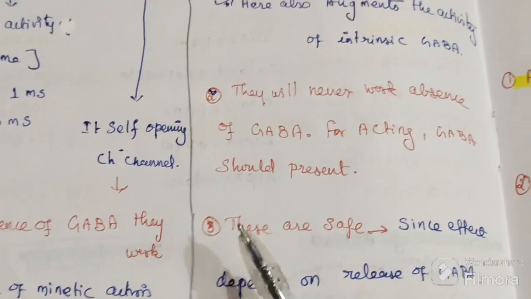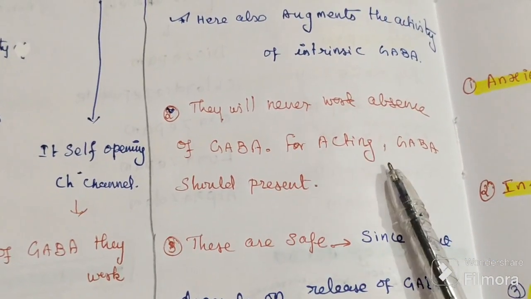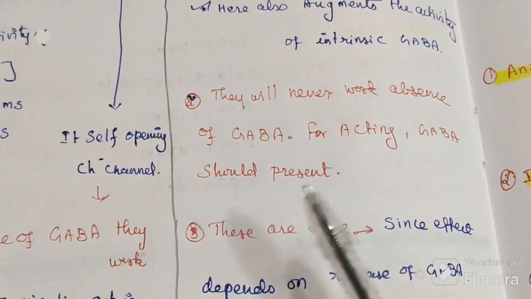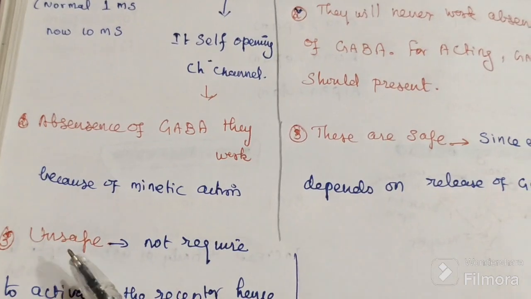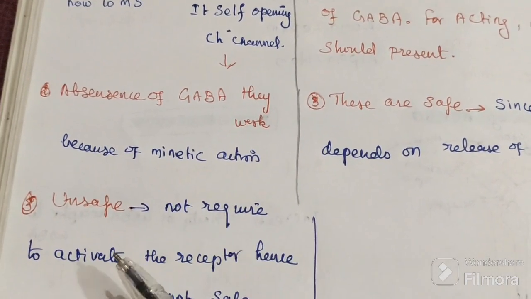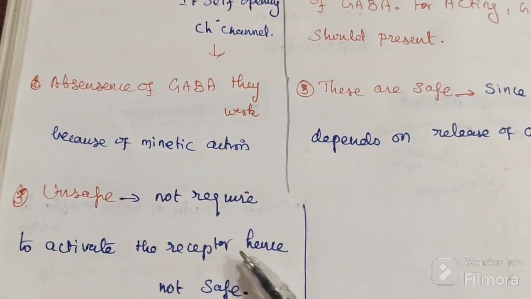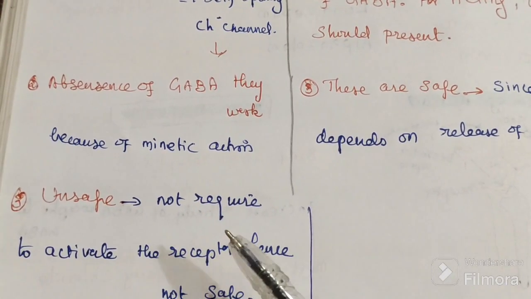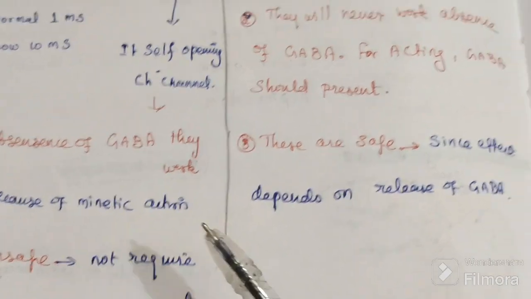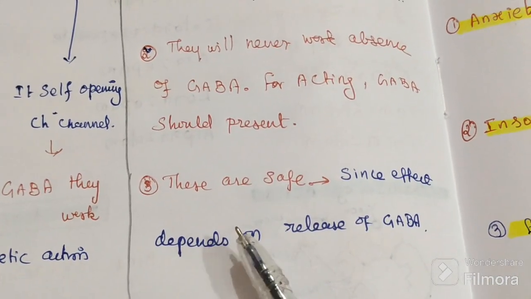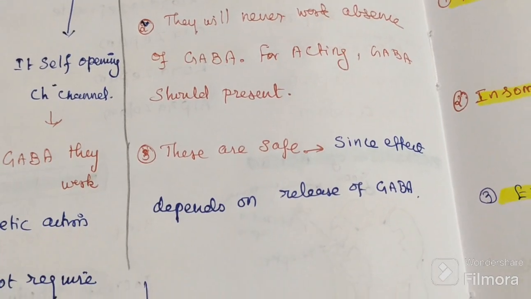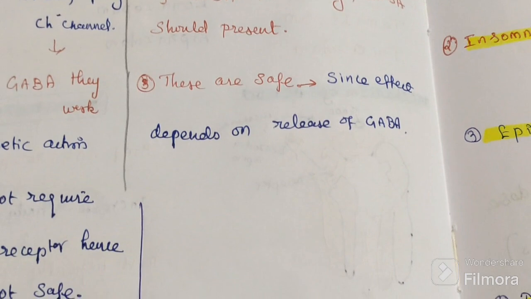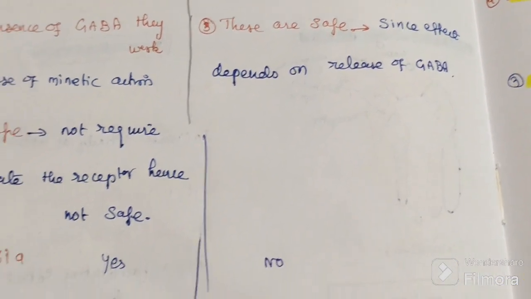But for these drugs to act, GABA should compulsorily be present. That is the reason barbiturates are unsafe, because they are not required to activate the receptor. Here, with GABA only will it react, so this one is the most safe, since the effect depends on released GABA.